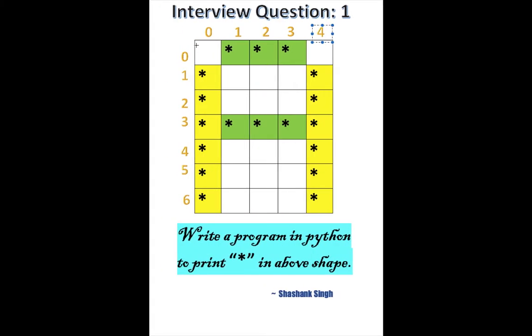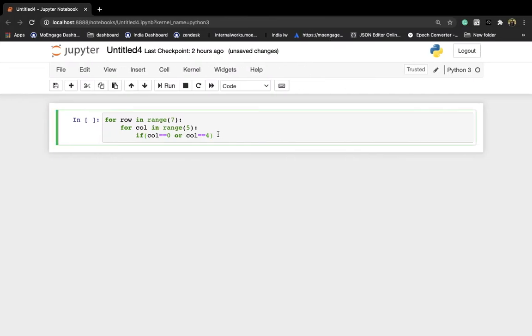And we don't have to print stars in the 0th row. So what we can do here is write and row is not equal to 0. So this is our first condition.